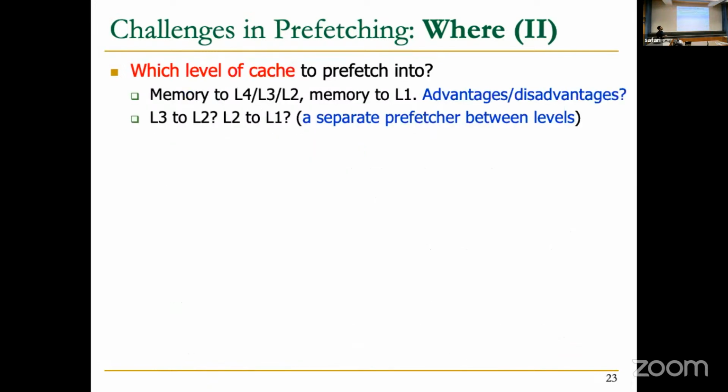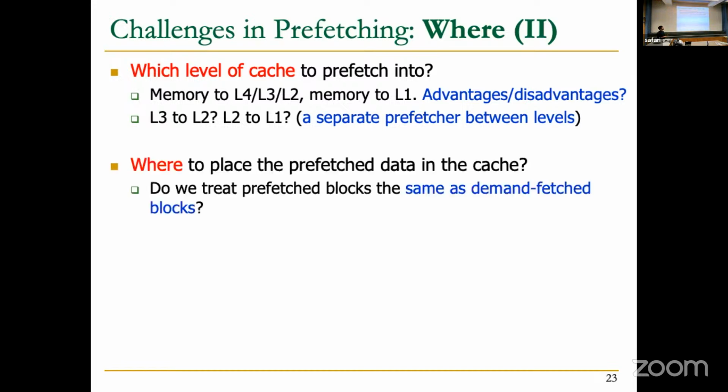Okay, so this is the second question: which level of the cache hierarchy do we want to place the prefetcher? As I just said, in a modern cache hierarchy we have lots of caches, L1, L2, L3, L4 maybe, and then we have huge memory systems also. So where exactly do you want to prefetch?